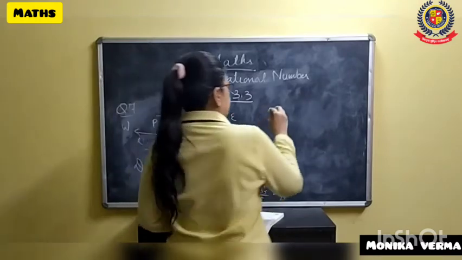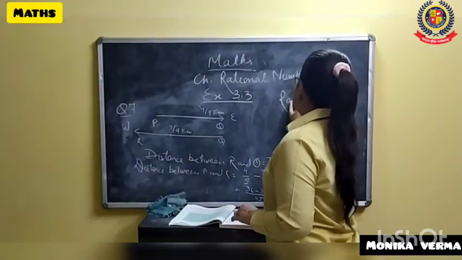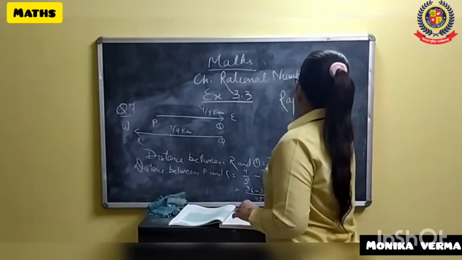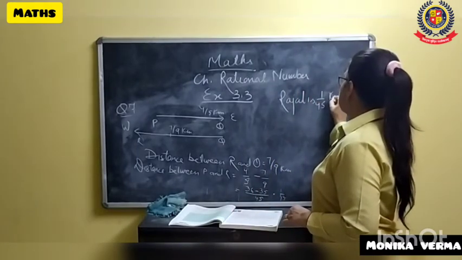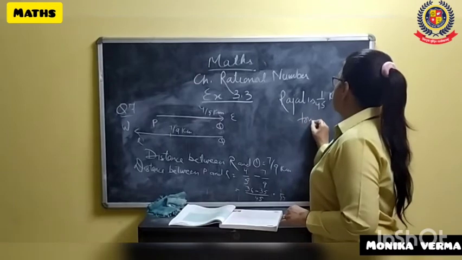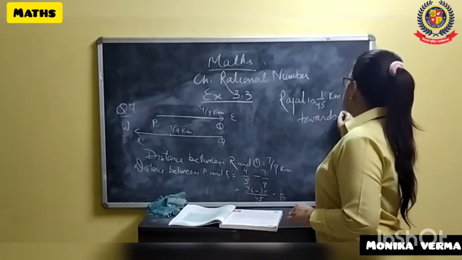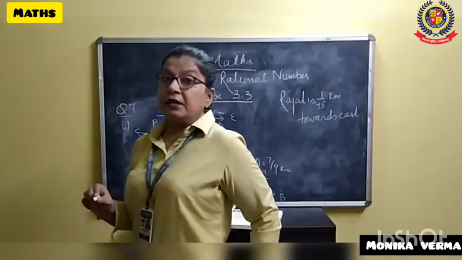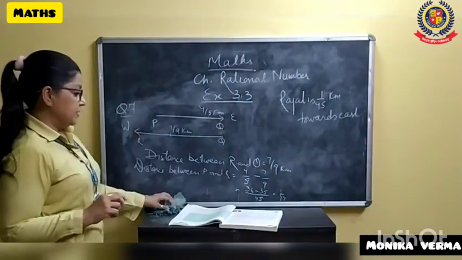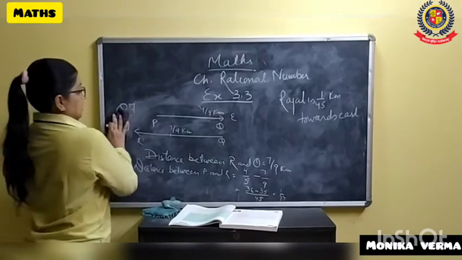It means we will write the answer. Rajat is 1 by 45 km towards east. If we get the answer in minus, then we will write he is in west. But our answer is in plus, so it means he is in east direction.